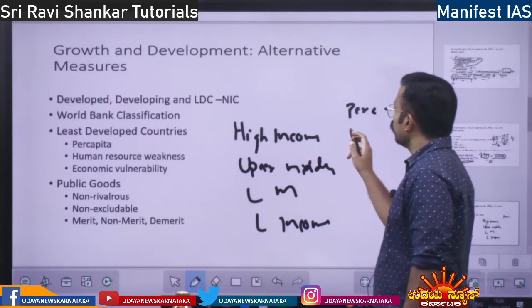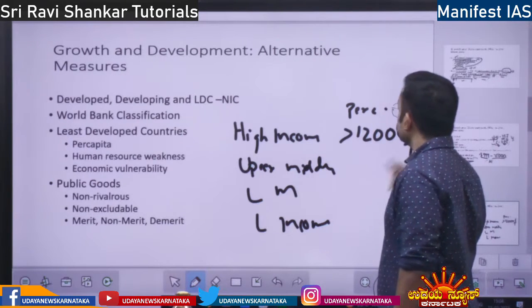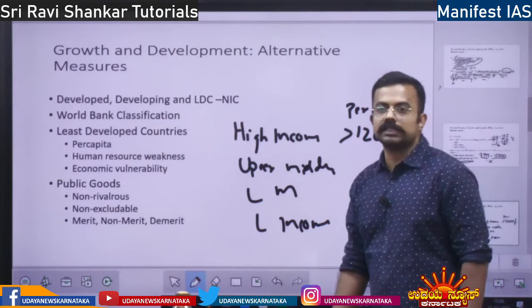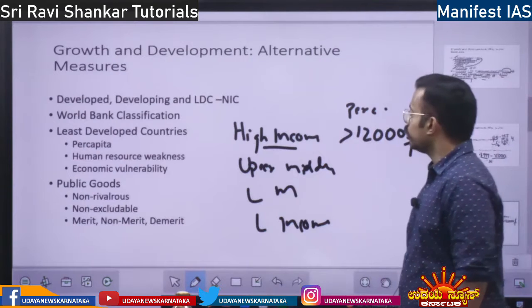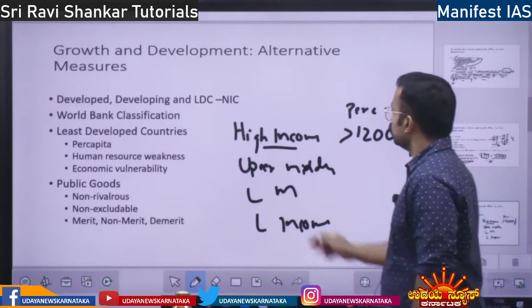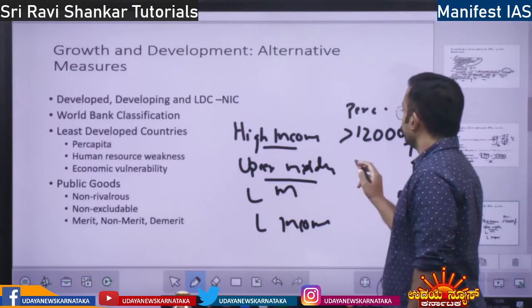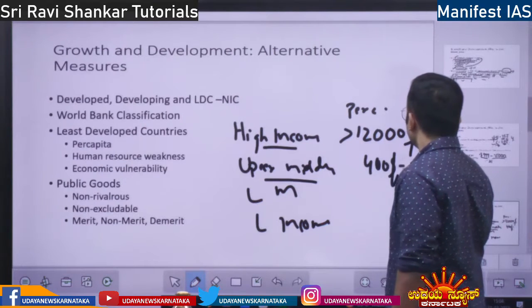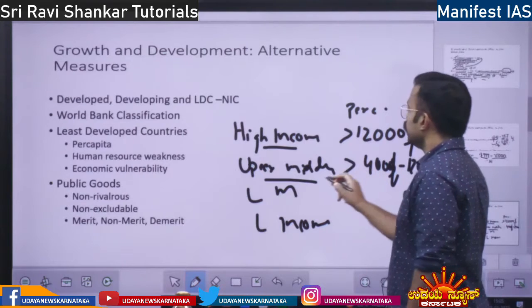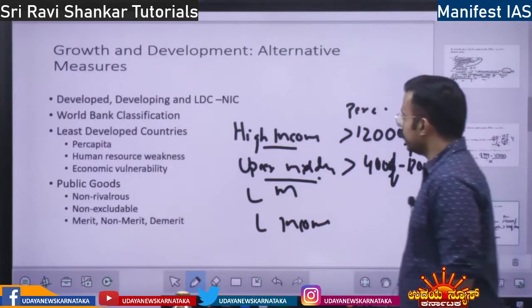If it is more than $12,000, then that economy is a high income country, right? Upper middle, if it is between $4,000 and $12,000, then it is an upper middle income country.